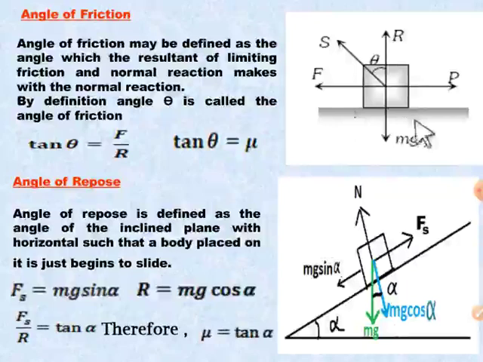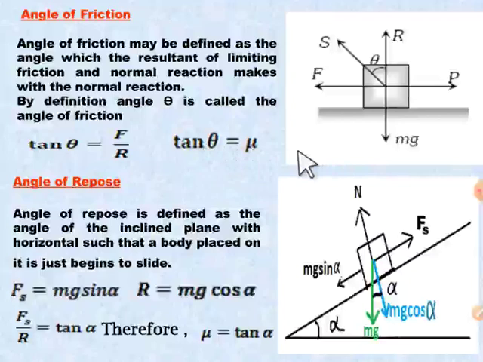If the flat surface and the inclined plane are of the same material and the body is also the same, then it is found that the angle of friction equals the angle of repose. Both give mu, the coefficient of limiting friction. So if tan theta equals mu, we can also write tan alpha. So tan theta equals tan alpha, which means theta equals alpha. That is what I said.